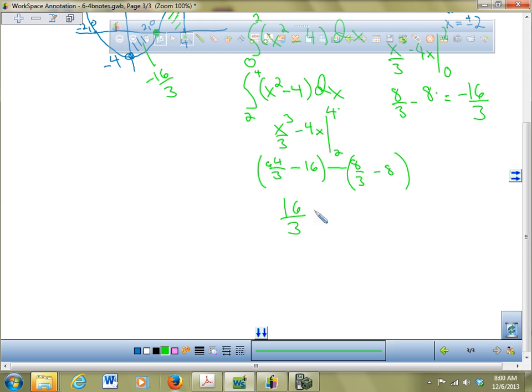16/3 minus negative 24/3, which gives you, did I mess up? Why is it 24? I got 32/3. Is that right? Wait. I gotta look at my math again, because I did it right last night. 16/3, and I get 64/3. 64/3 minus 16.